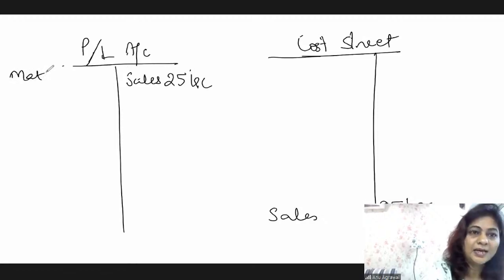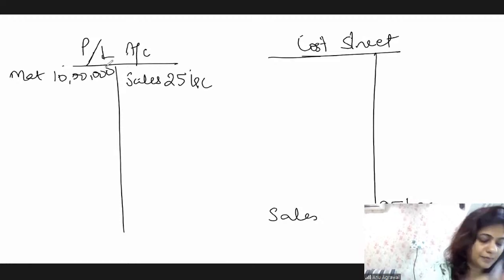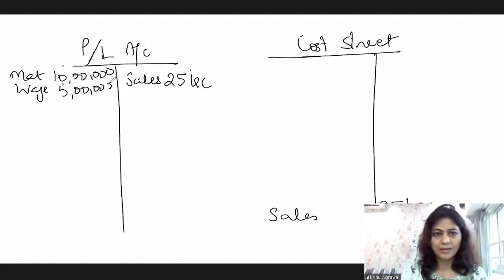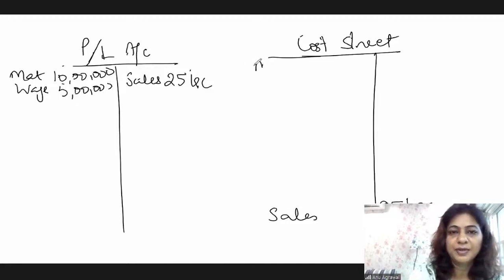Material is 10 lakh because this is profit and loss account, we work on actual figures. There is wages, 5 lakh. Technically, in the cost sheet, material and wages figure is not absorbed. That is the way it is. So I can put in here material and wages.